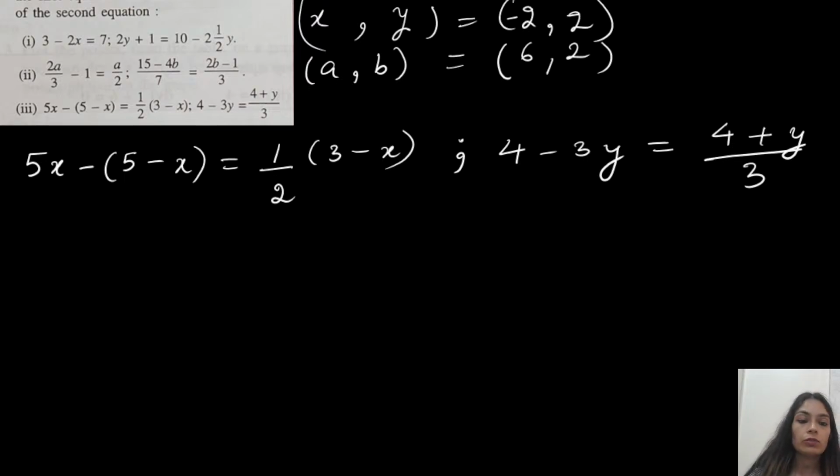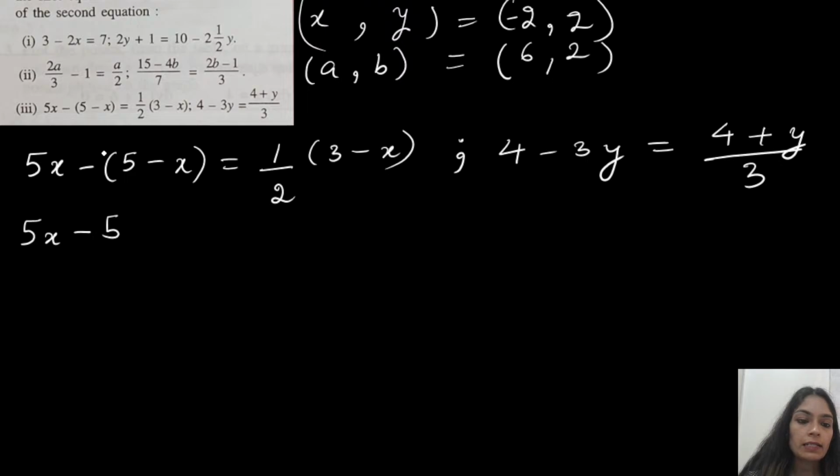Now normally we will solve the same way. First of all, on both sides we can simplify individually. So this is 5x as it is. I'll just open the bracket now, because once we simplify the terms, only then can we shift things to find the value of x. So 5x minus 5.